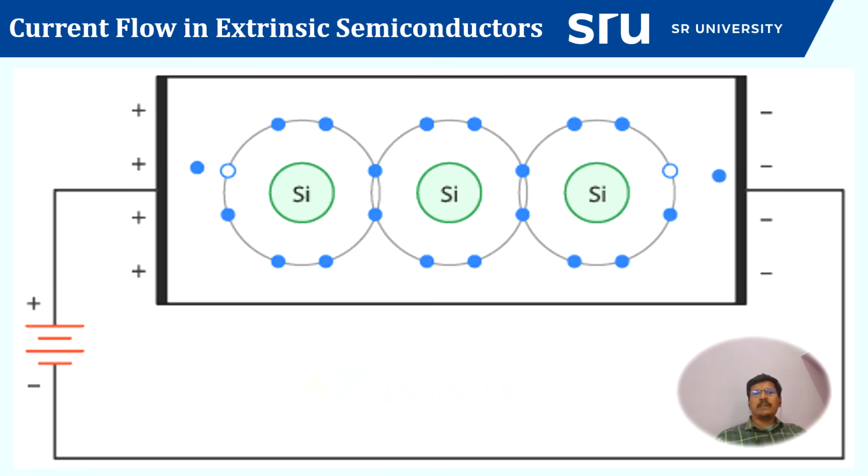In p-type semiconductor, the holes are majority charge carriers and electrons are minority charge carriers. Whereas in n-type semiconductor, the electrons are majority charge carriers and holes are the minority charge carriers. These majority charge carriers depend on the type of doping.